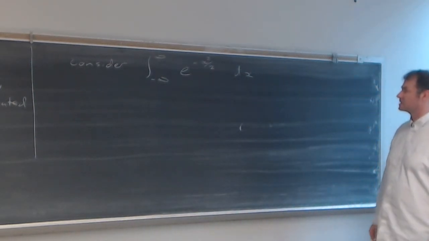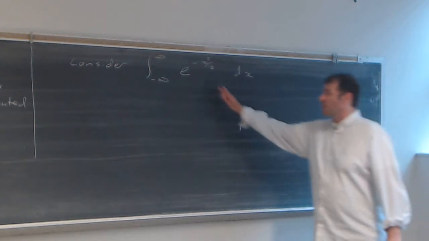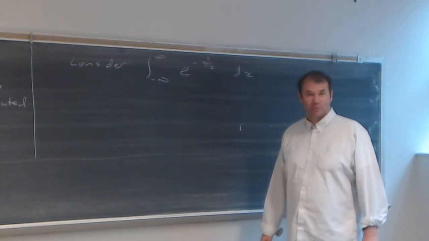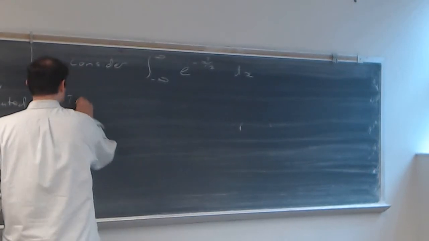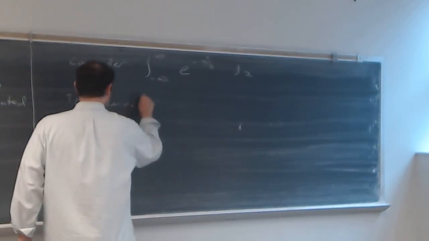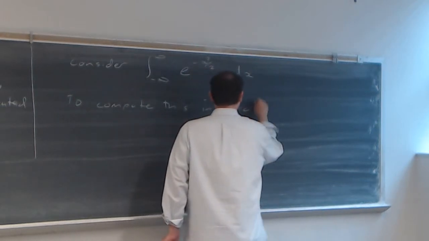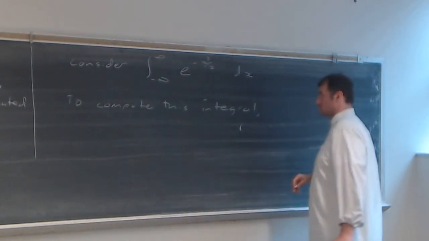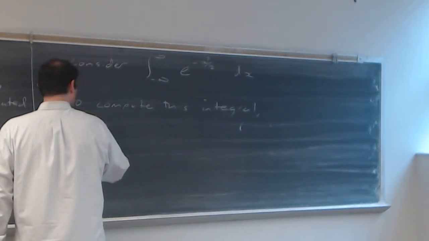So we're going to consider this. This is an integral whose integrand doesn't have an antiderivative in closed form. So to compute this, we'll look at that integral squared.